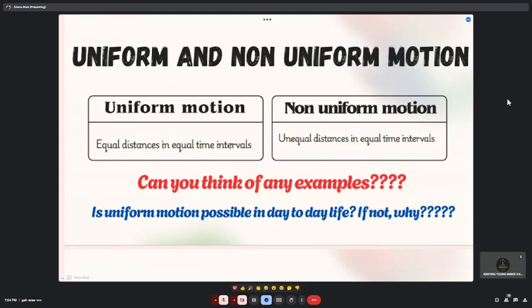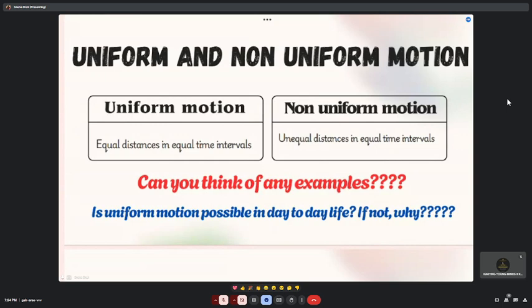Some problems in the car, ma'am. The condition of the car, correct? If the car is old and requires servicing, it won't go with the required speed. So basically, some external aspects play a role in deciding that non-uniform motion will be there in practical life and not uniform motion. Correct? Okay.